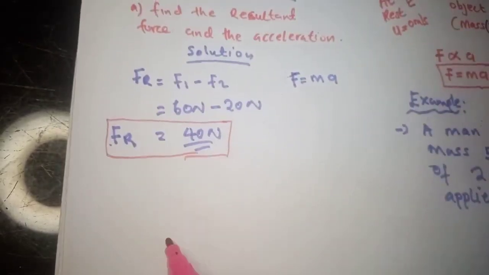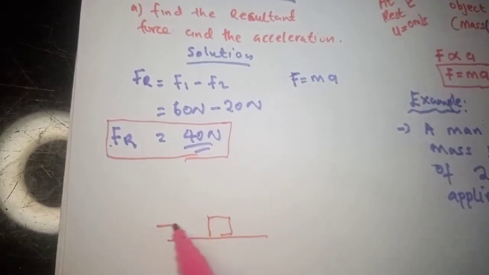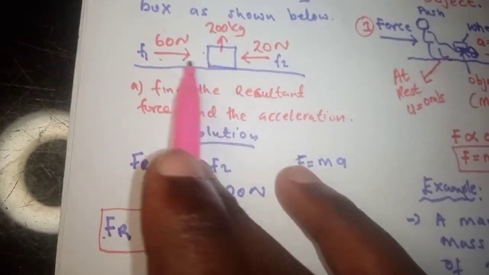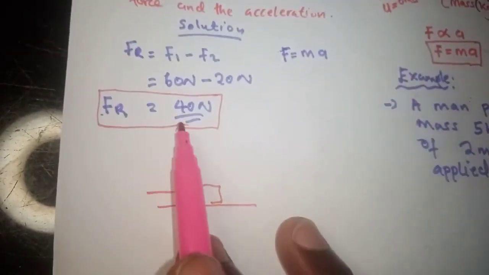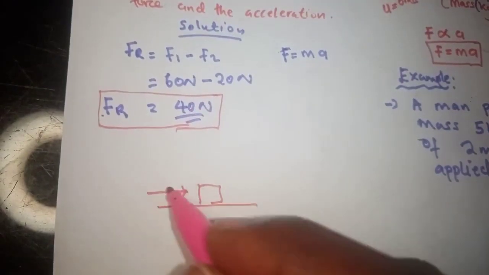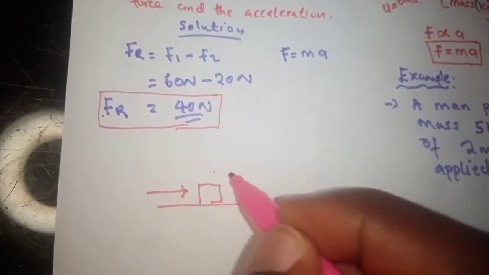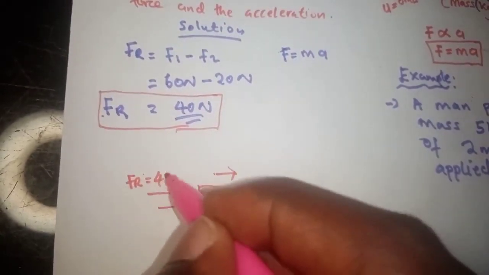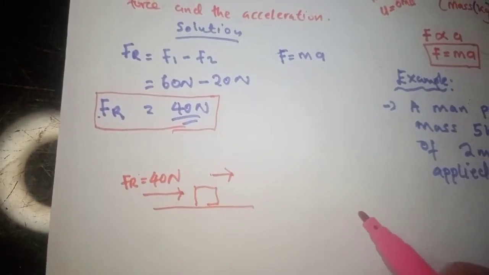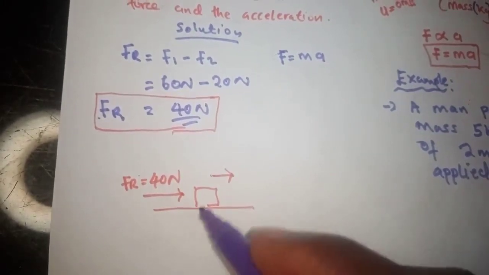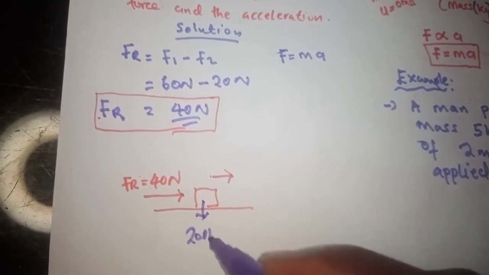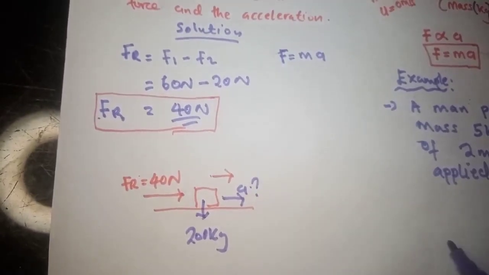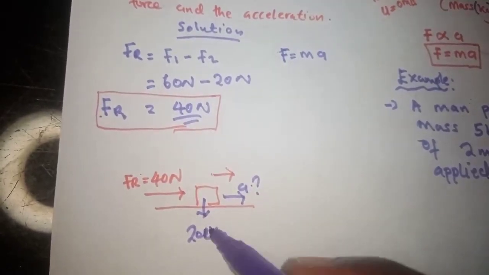Look at the greater force on this side, so it will push the object this side with a resultant force of 40 newtons. Now, remember, the object is 200 kg. I want us to find the acceleration that this object is going to gain.